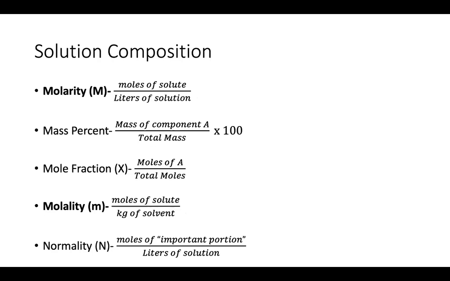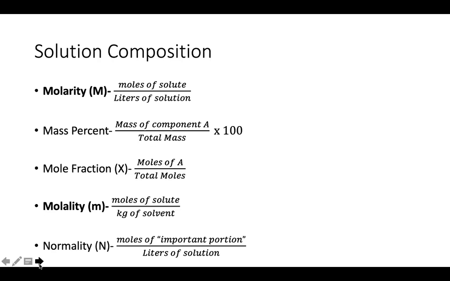So a 0.1 molar solution of sulfuric acid, H2SO4, is 0.2 molar H plus, and so you might just see it labeled as 0.2 normal sulfuric acid, right? It's just saying that the H plus portion, the portion we care about, has a concentration of 0.2 moles per liter. Okay, I don't really expect you to see normality, but if you do, it'll probably come up in terms of acids and bases.